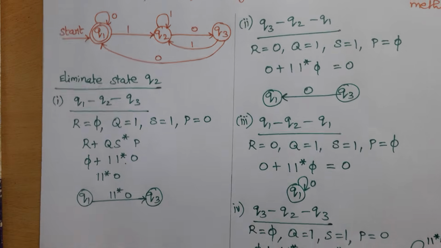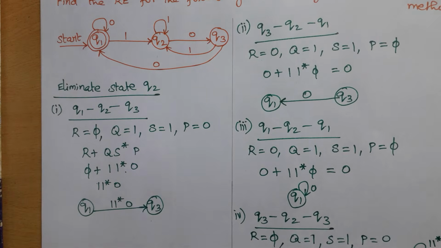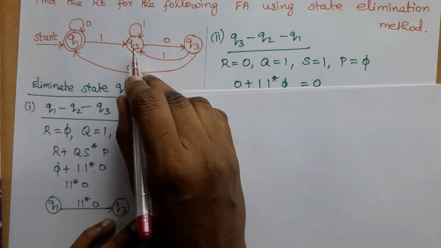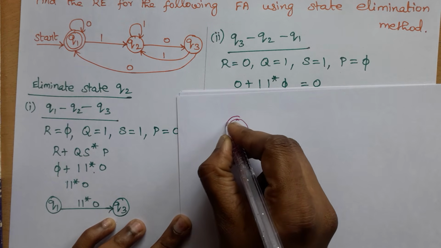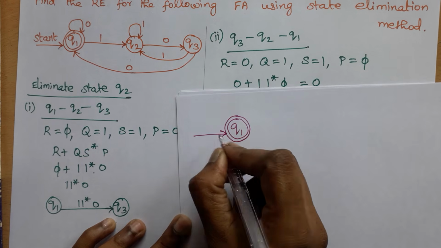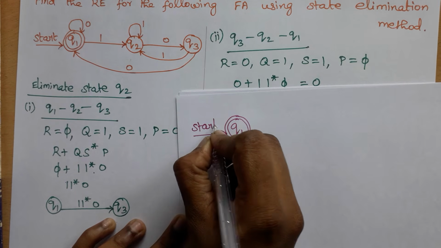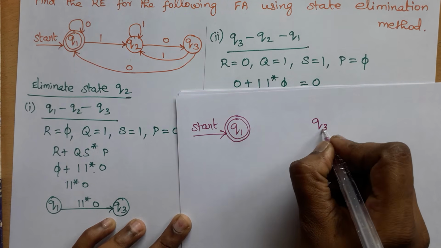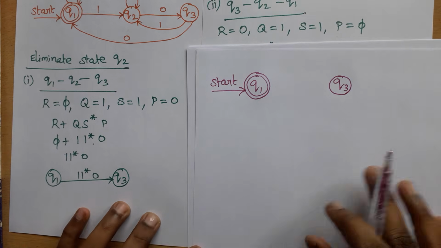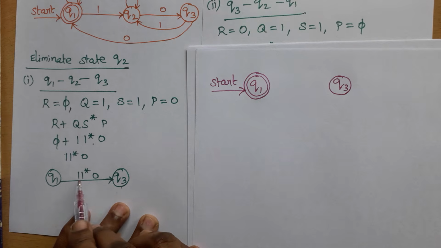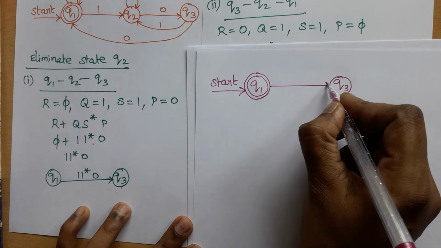Now we have to combine all these 4 cases. After eliminating Q2, we will have 2 states: Q1, which is both the start and final state, and Q3. We combine all the 4 paths. Q1 to Q3 is 1 1 star 0.